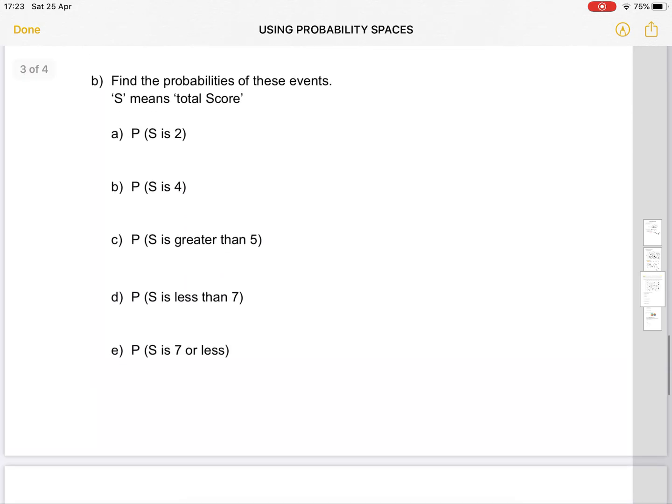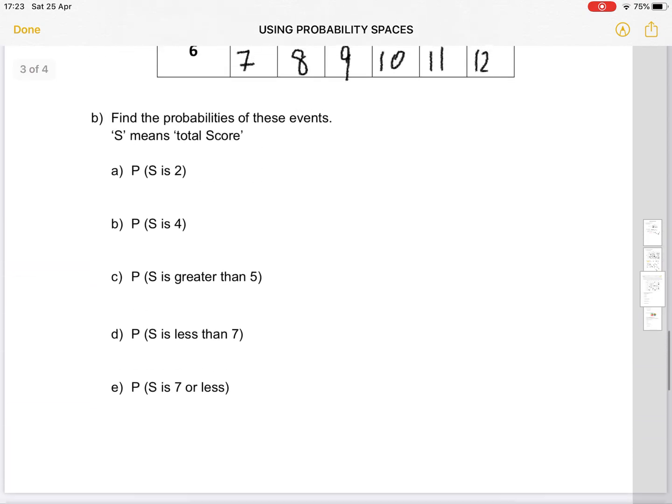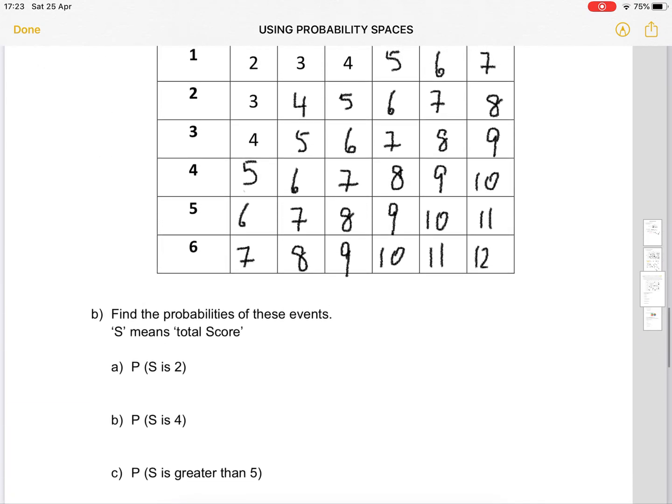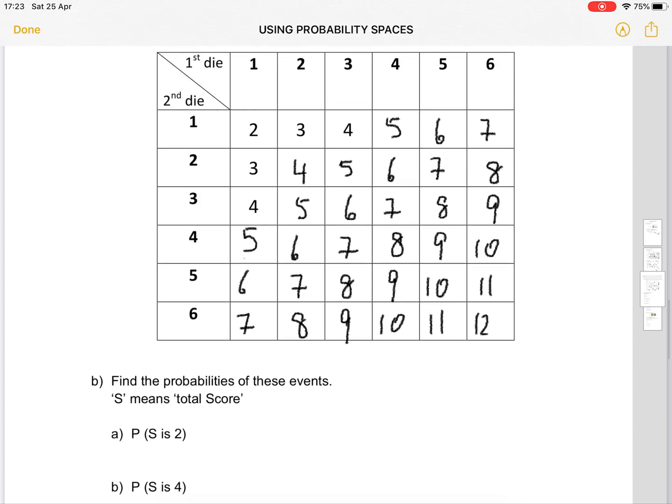Now we need to answer the following questions. Find the probabilities of these events. S means total score. So the first question is the probability that S, the total score, is 2. I have only 1, as you can see.